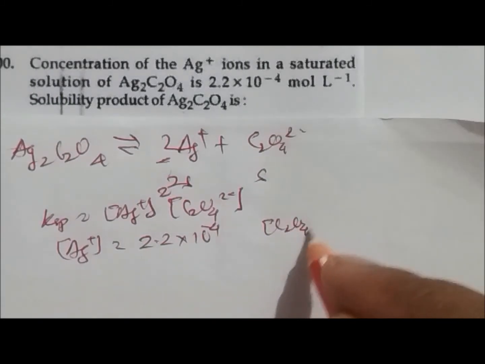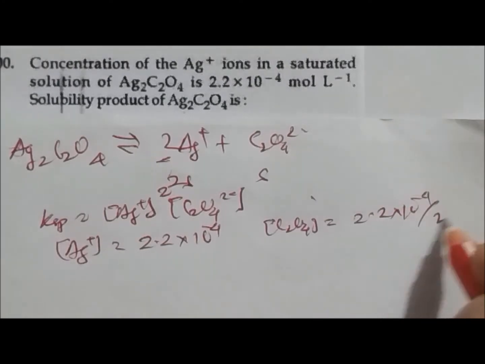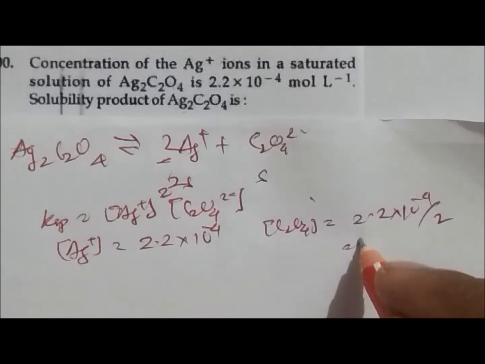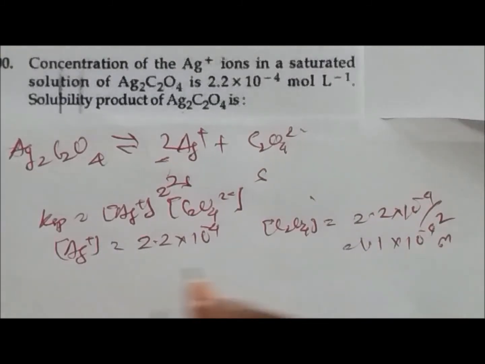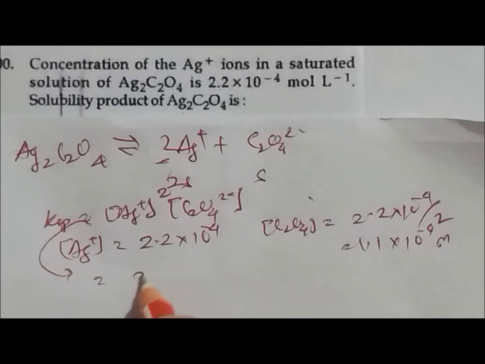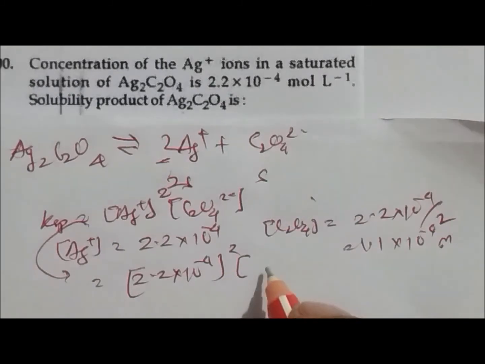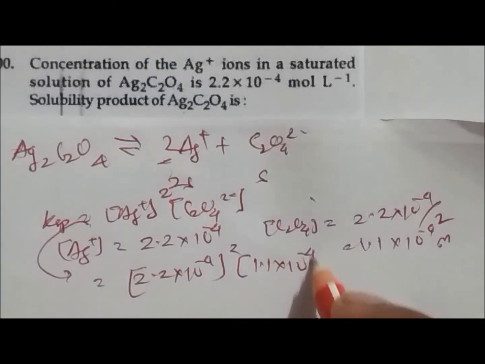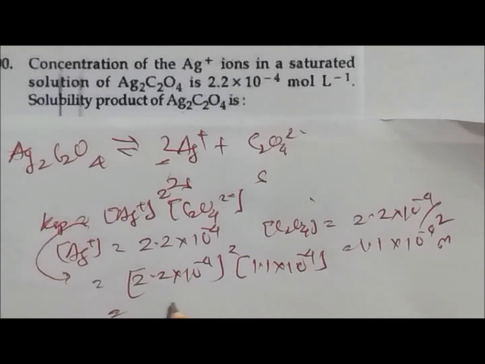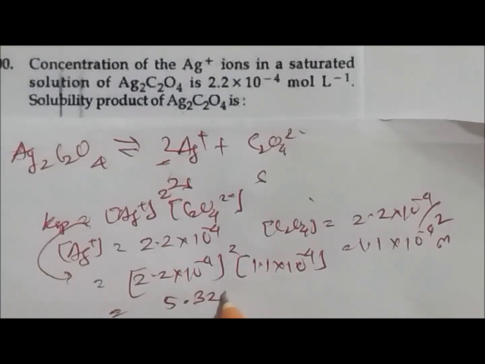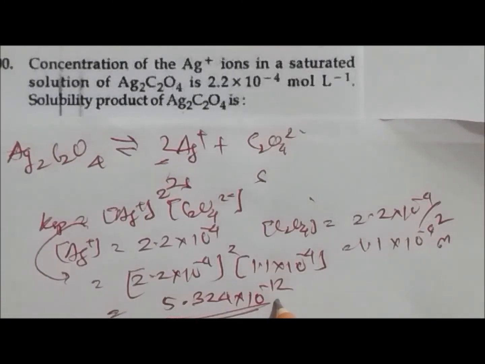So half means 2.2 into 10 to the power minus 4 divided by 2, which is 1.1 into 10 to the power minus 4 molarity. If you use these values, 2.2 into 10 to the power minus 4 whole square, and the concentration of oxalate 1.1 into 10 to the power minus 4, then multiplying and solving, the answer will be 5.324 into 10 to the power minus 12. So this is the whole concentration.